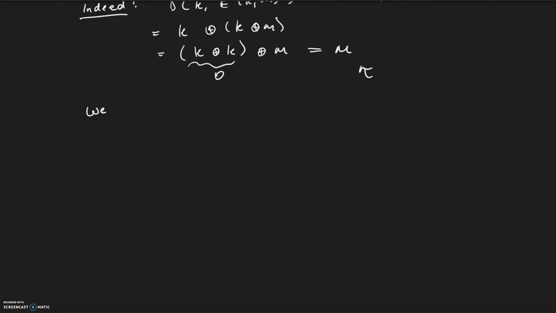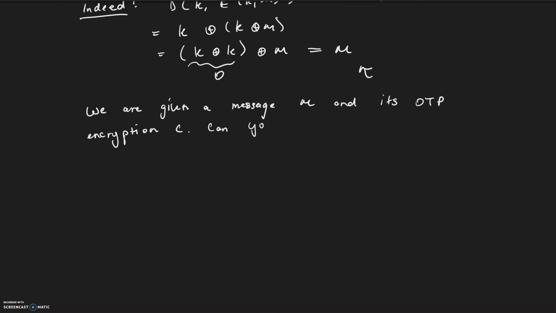All right, so now let's say we're asked a question. So we are given a message M and its OTP encryption C. And now we're asked, can you compute the OTP key from M and C?